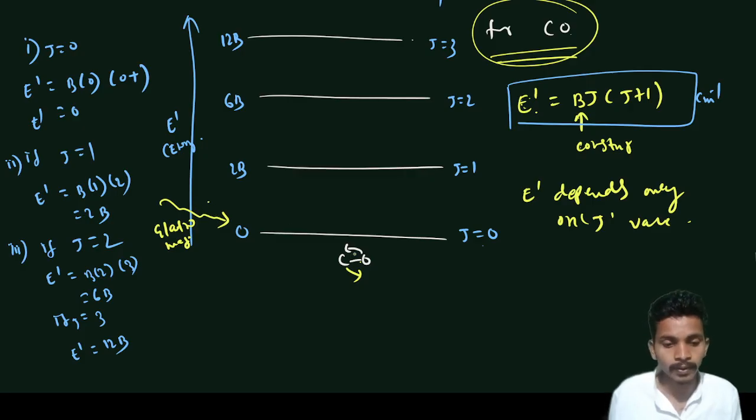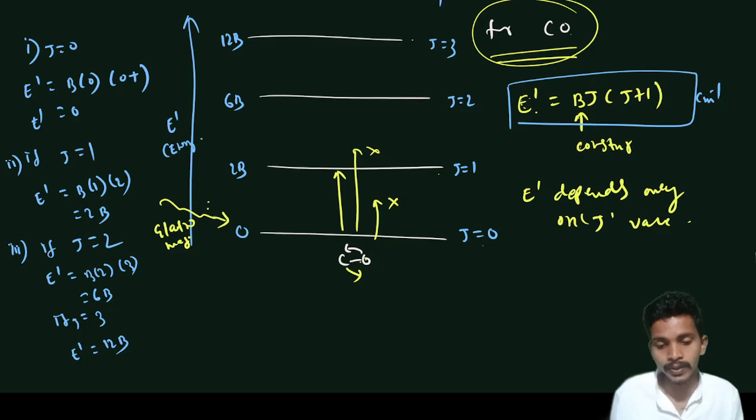So if the energy of this electromagnetic radiation is going to be 2B, then only it will shift to this higher energy, otherwise it will not go. If it is more than that, then also it will not go, because there is no energy level, and if it is less than that, then also no energy level is there. So these energy levels are quantized.